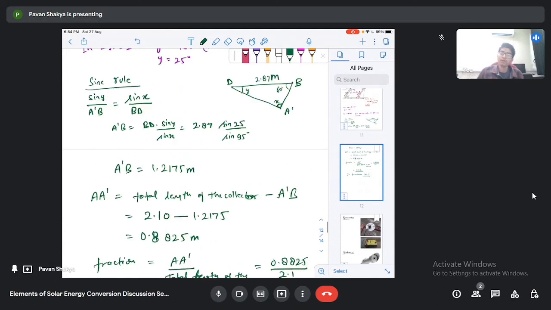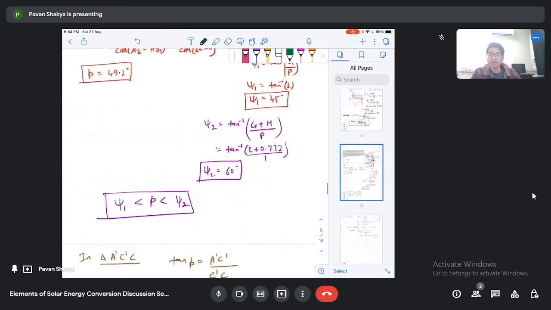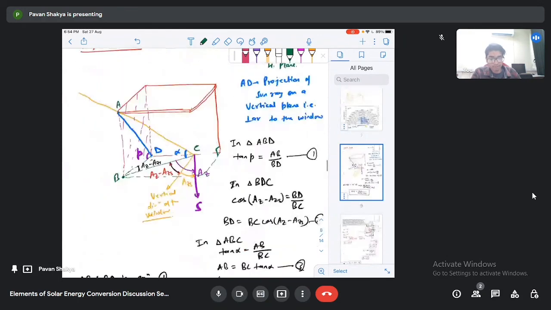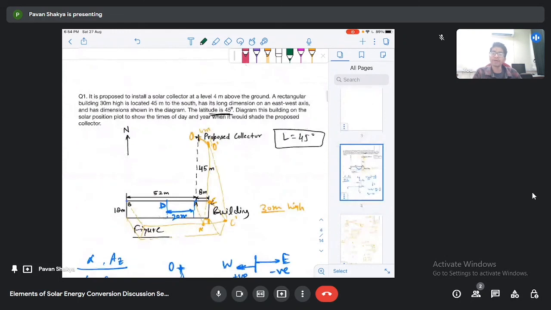So these are the three problems that we often see in the shaded topic that I have covered. This one was the first problem, where an object comes in between the sun ray and the collector.